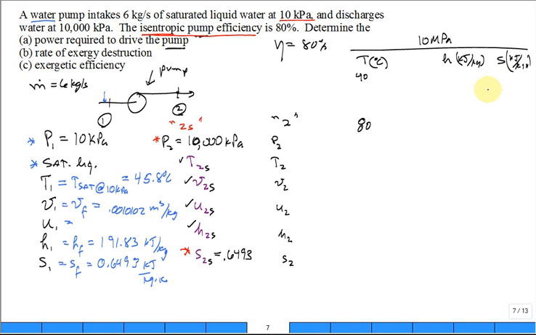And from the table, for compressed liquid water at 10 MPa, that pressure block, we find 176.38, just data out of the table, 0.5686, come down to 80, 342.83, and 1.0688. And you say to yourself, I have been given a value of 0.6493. I'm going to have to do some linear interpolation in the table to get this value of H2S.